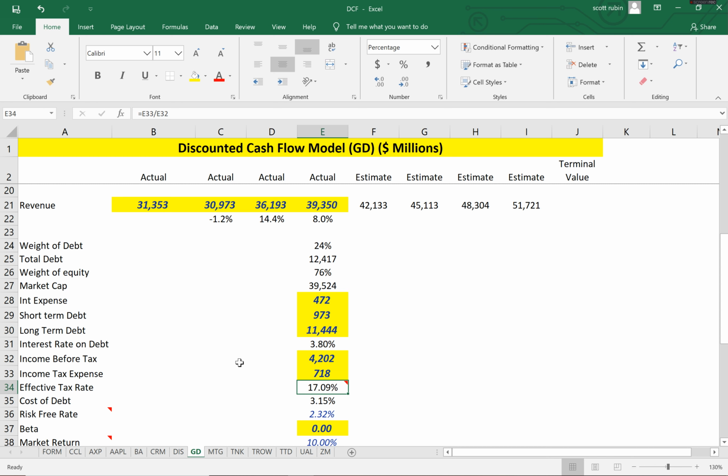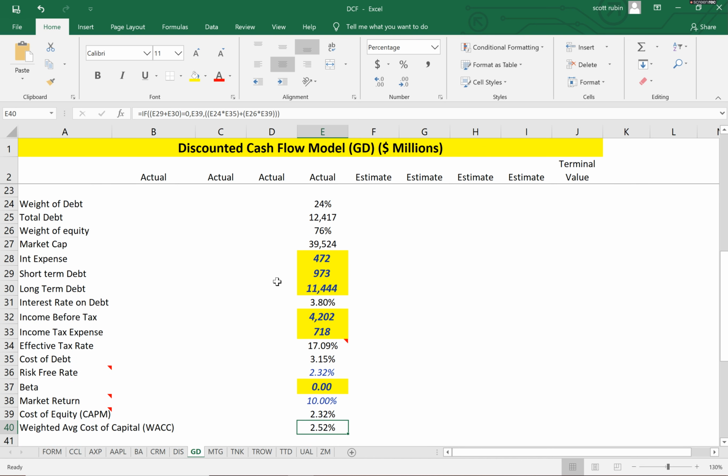So their tax rate is 17%. That looks right. Usually around 20% is the number that most people pay. So even though they pay 3.8% interest on the debt, you have to take that number and multiply it by 1 minus the effective tax rate. And that's actually the cost of the debt, which is 3.15%.